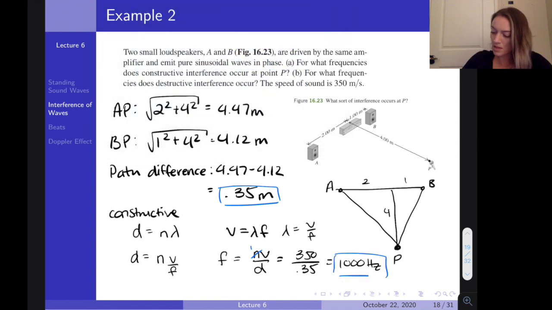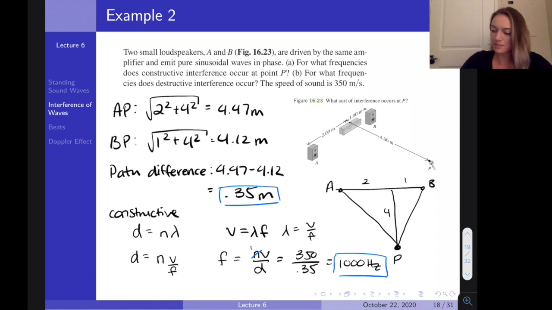So this will be a frequency that there's constructive interference for, but we can also have any integer number of wavelengths, right? So n equal to 1 will give you 1,000. If you do n equal to 2, you'll get 2,000. If you do n equal to 3, you'll get 3,000.